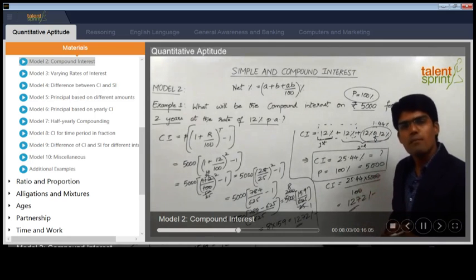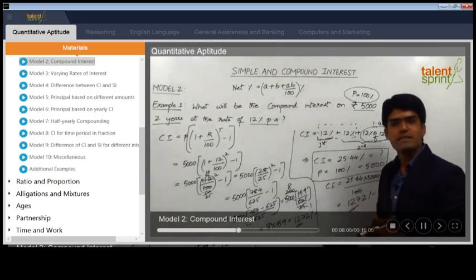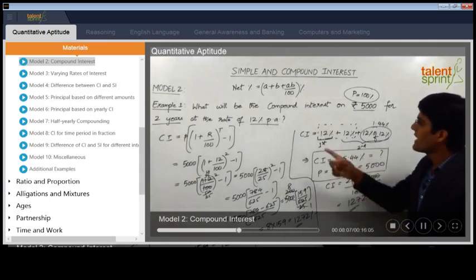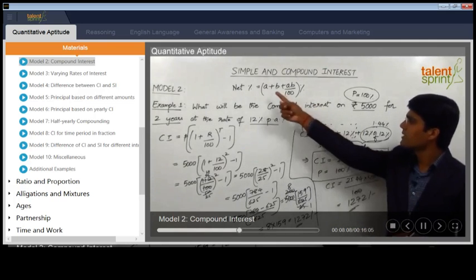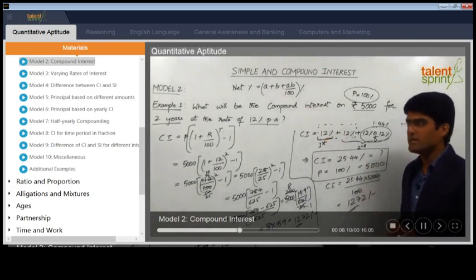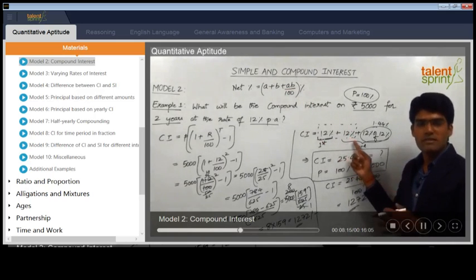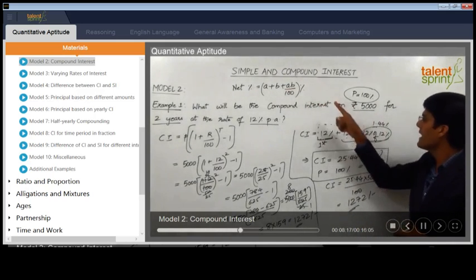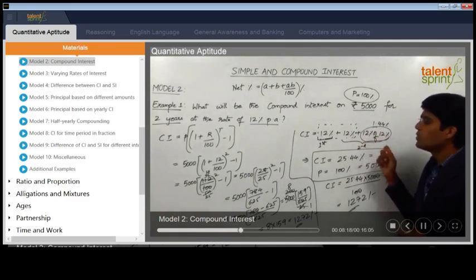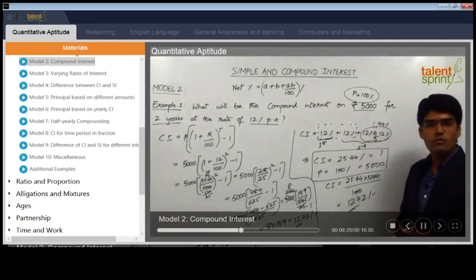So in case of compound interest as well, the net or effective percentage concept is applicable. If you try to compare, A is nothing but 12%, that is the interest in first year. B is again 12%, that is interest on principal for second year. And AB by 100 is nothing but 12% of 12%, which comes out to be 1.44%.